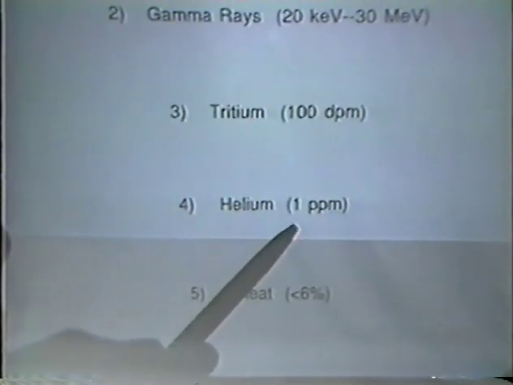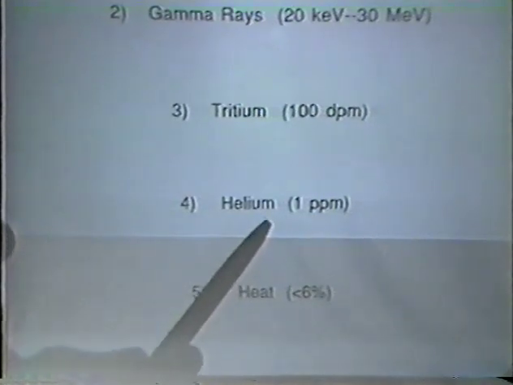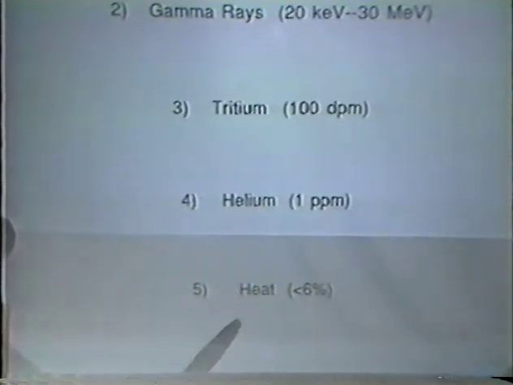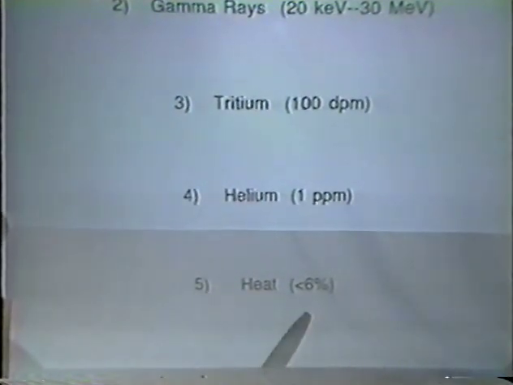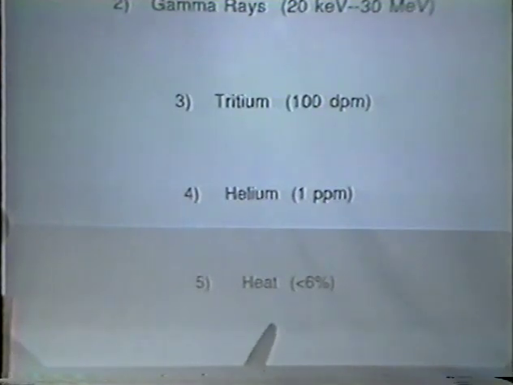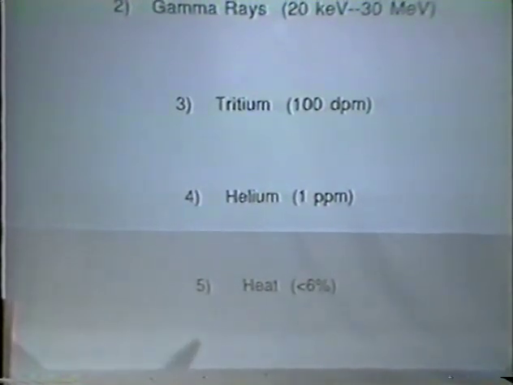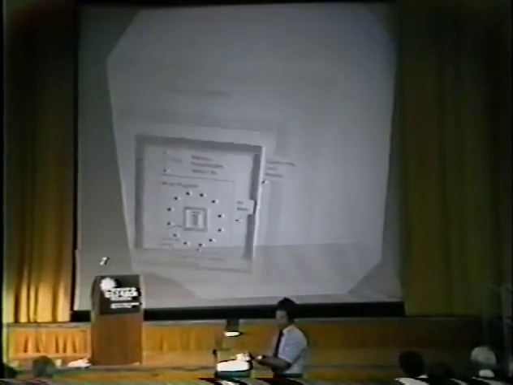We're at a couple tenths of a part per million in the gas headspace, not in the rods. And heat, calorimetry in a system very similar to that used at A&M, but by a method very similar to that used at MIT. And we have pretty good error bars to within 6%. I'll take the experiments in that order.